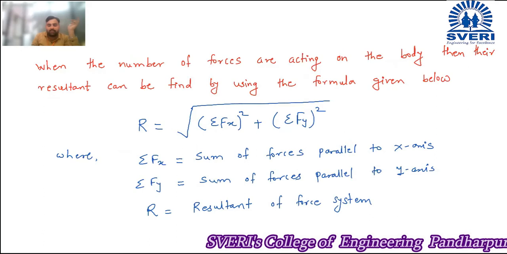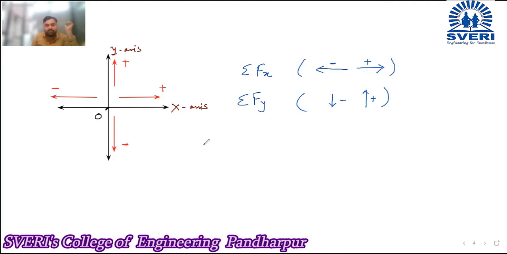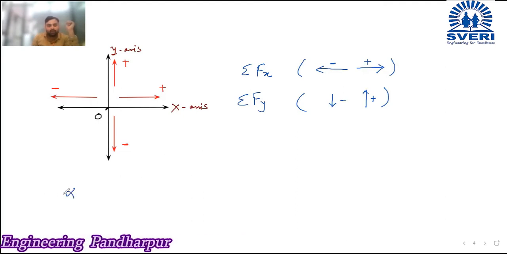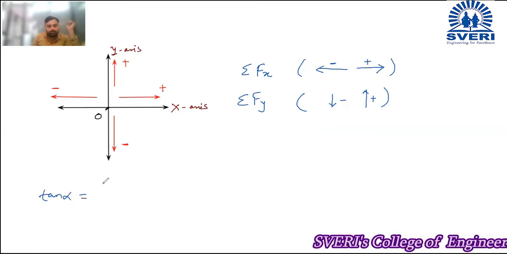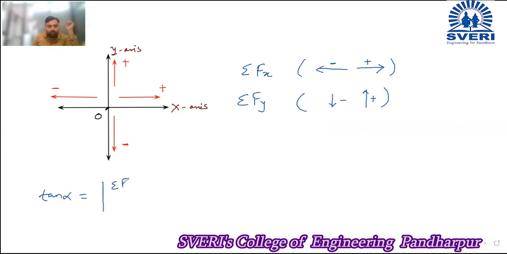To calculate the direction of the resultant, the formula is tan alpha is equal to, in mod, you have to take it always positive, don't take it negative.